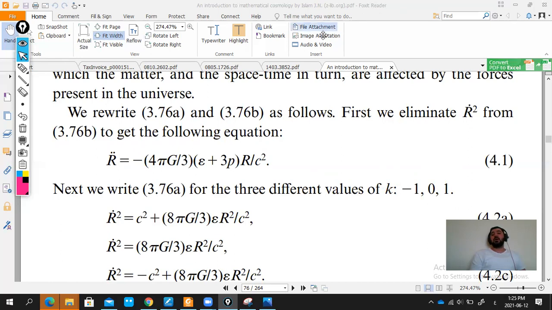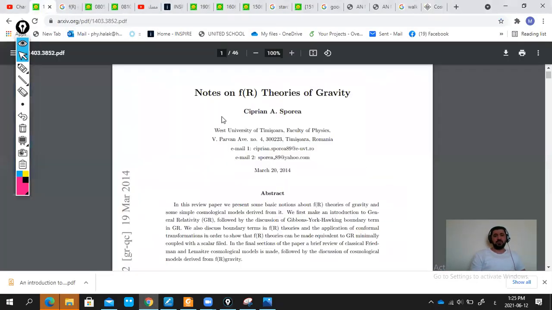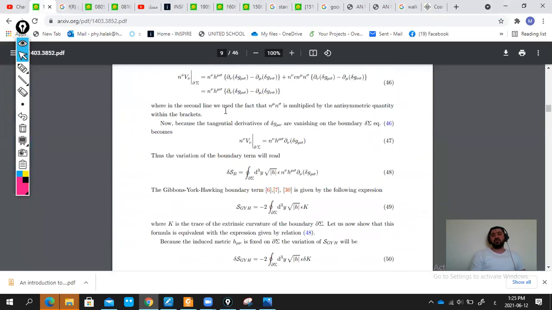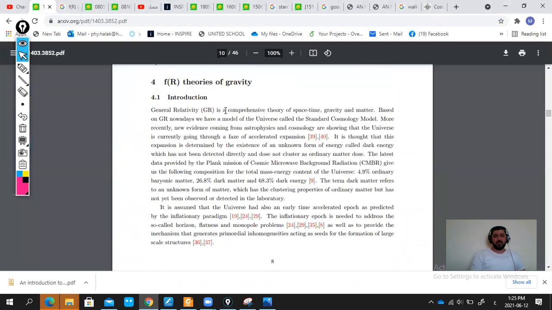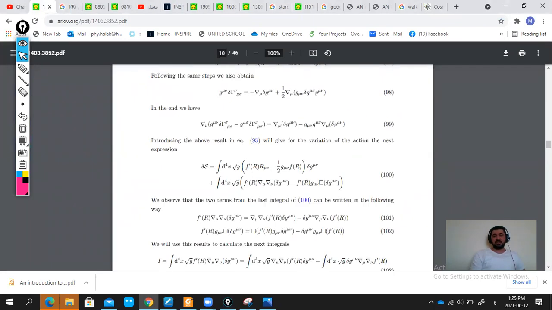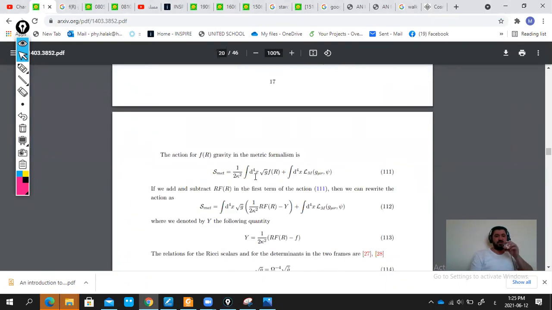Now, let's go to our lecture notes and see what happens with the f(R) theories. What will happen if we use the f(R) theories in the same manner as general relativity? This is why I introduced how we deal with the Friedman equations in general relativity.